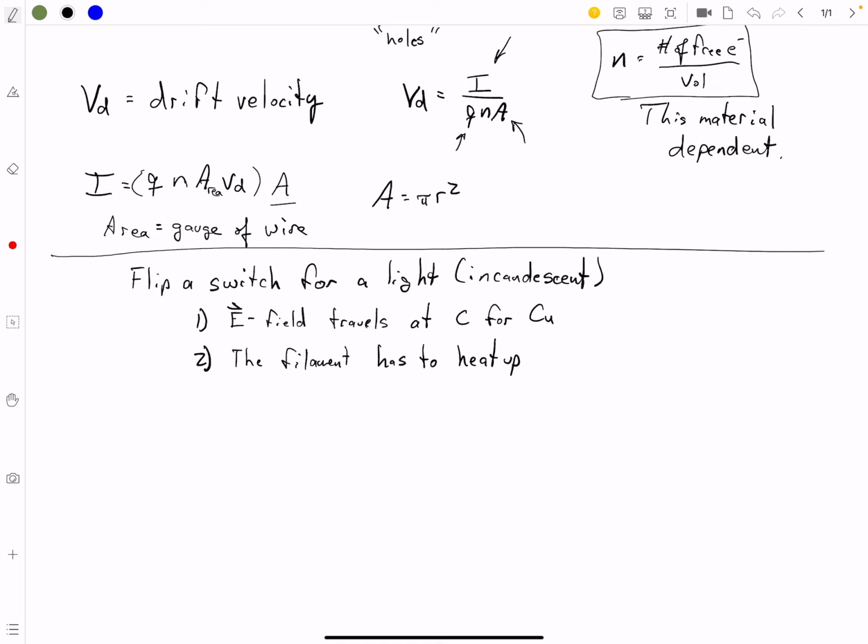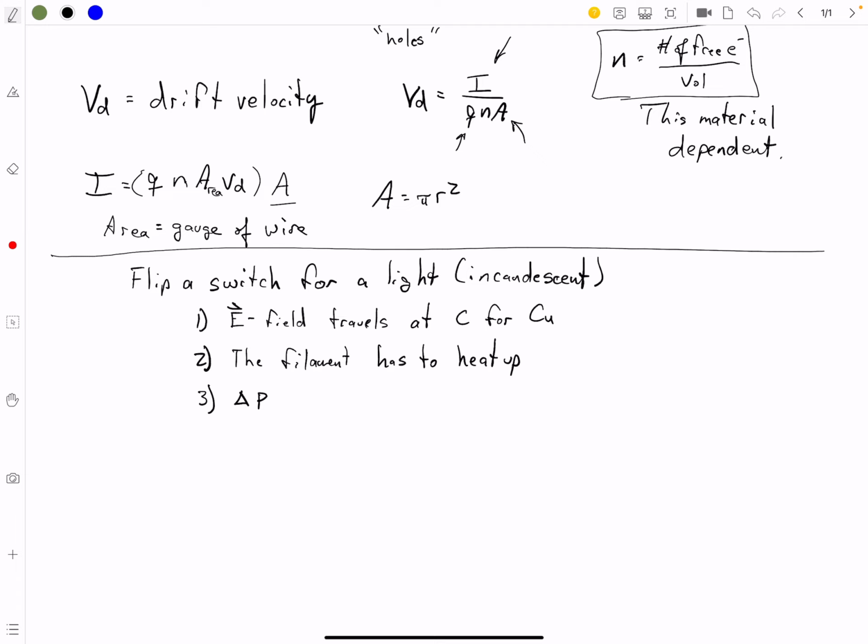And then the third thing is, because the E field is traveling from one end to the other, what that E field does is it causes those electrons to travel, pushing from one side to the other. So the only reason that we have flow is because we have a difference in pressure.